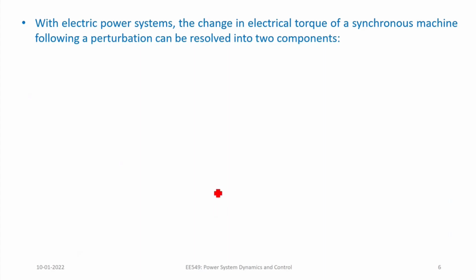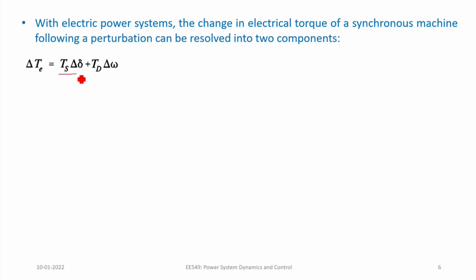In electric power systems, the change in electrical torque of a synchronous machine following a perturbation can be resolved into two components. Whenever there is a change in the electromagnetic or electrical torque, it will have two components.